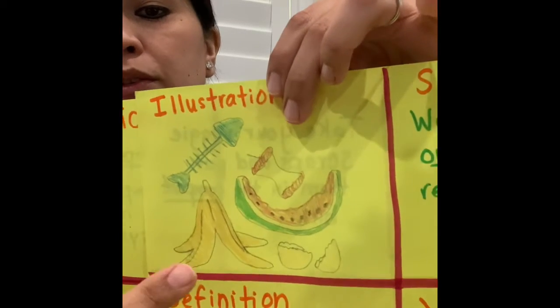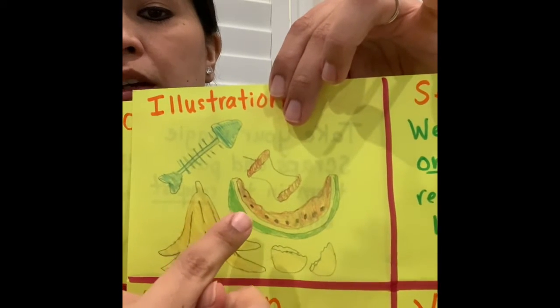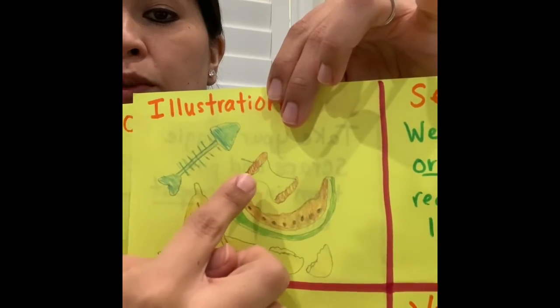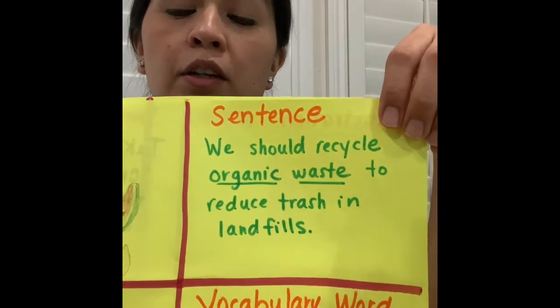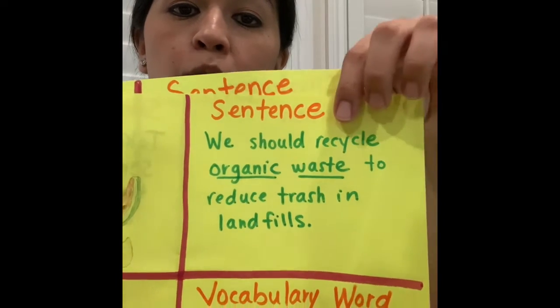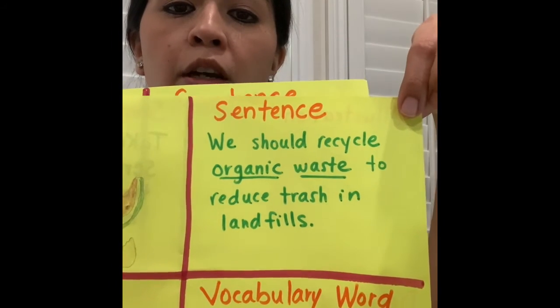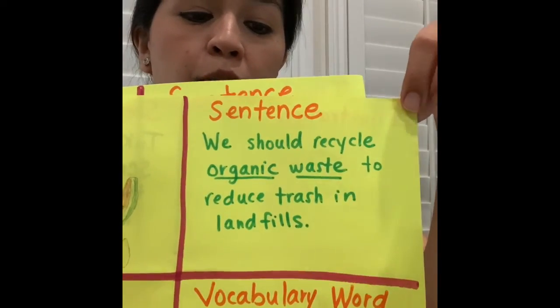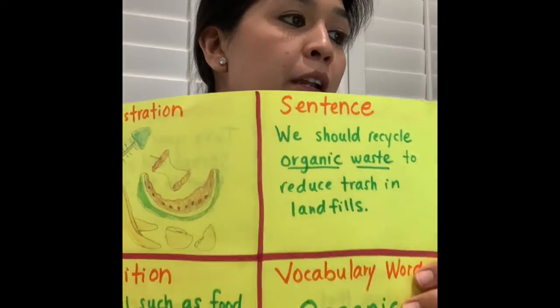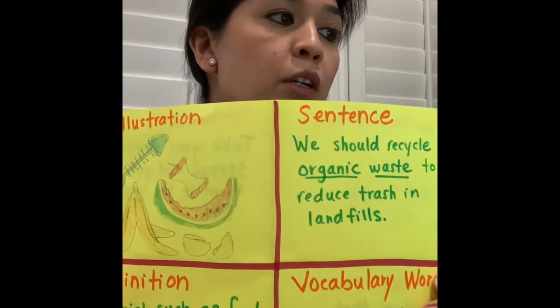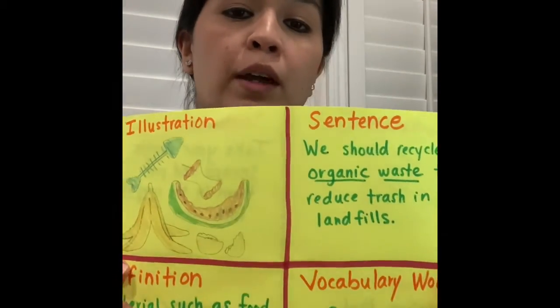The banana peels, the eggshells, watermelon, anything that you would throw away, the apple cores, the fish bones. And then here's a sentence. We should recycle organic waste to reduce trash in landfills. So this would be the vocabulary lesson that I would do with my students, called 4 Corners vocabulary chart.